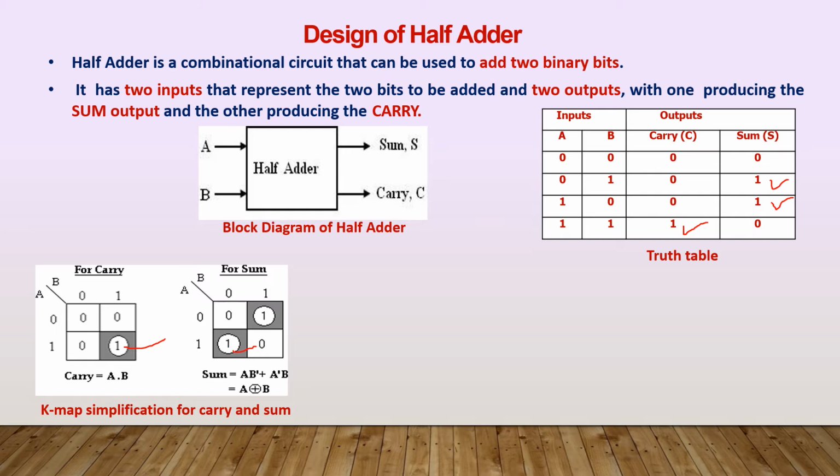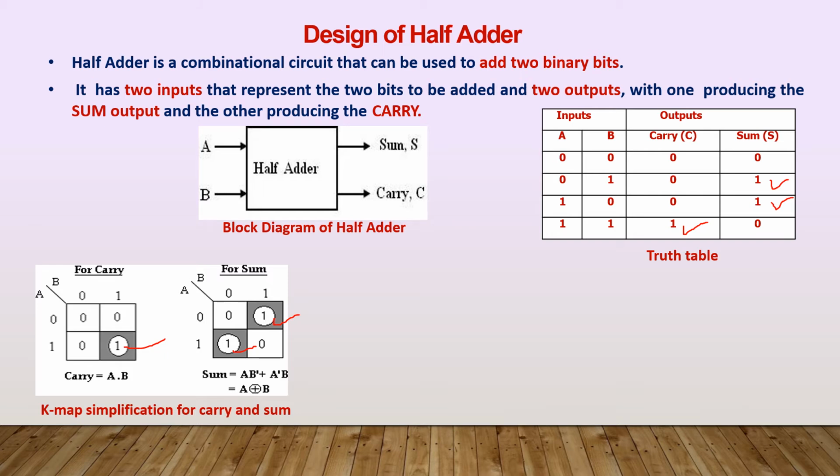Similarly for the second group, the left-hand side is 0, which is the complement of the variable. The variable which corresponds to the 0 is A, so it is A bar. And what is the topmost variable? That is B. It is equal to 1, which corresponds to variable B. So we write it as A bar B. So for the second group, the min term is A bar B.